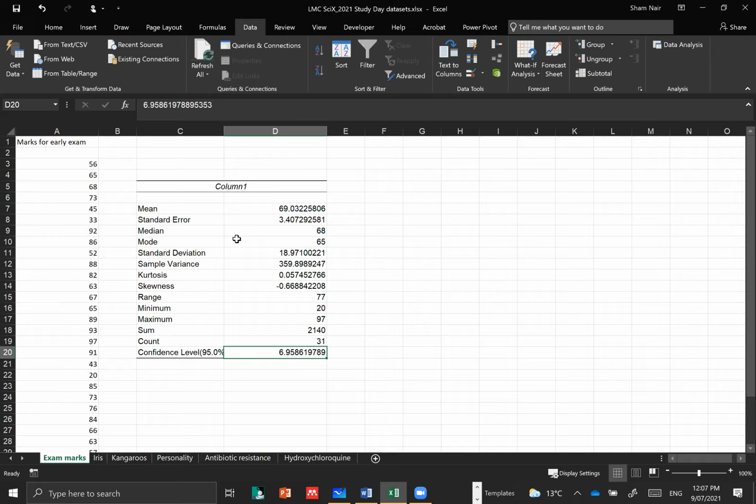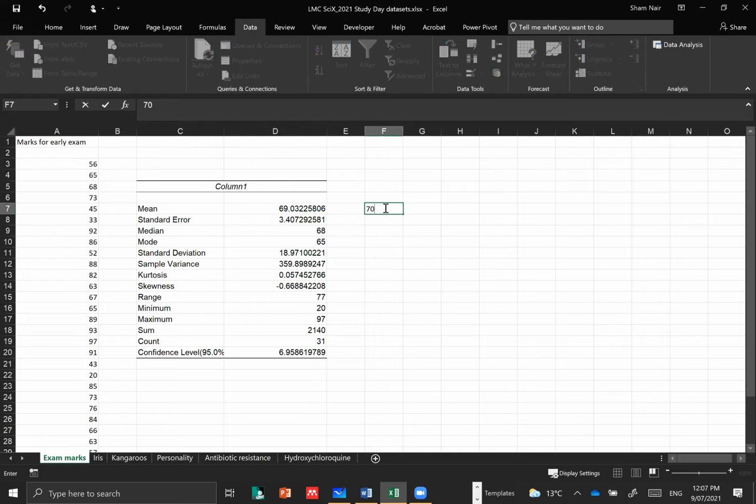So what does this tell us about the data set? It's telling us that the average mark for this group of students is 69. But there is a standard deviation of almost 19. So let's round this off, let's say that is 70.